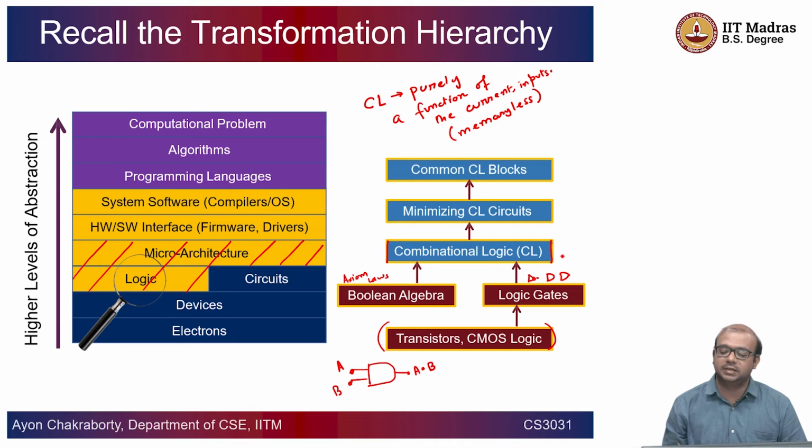Okay, the next thing that we are going to cover is how do you minimize such combinational logic circuits. While I was discussing Boolean algebra, if you remember, I referred many times to simplification of these Boolean algebra expressions.